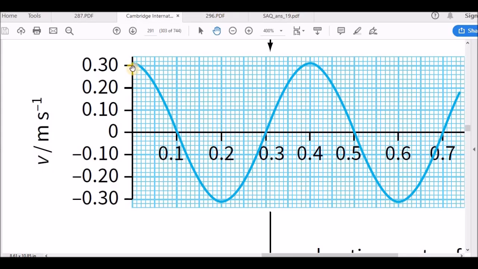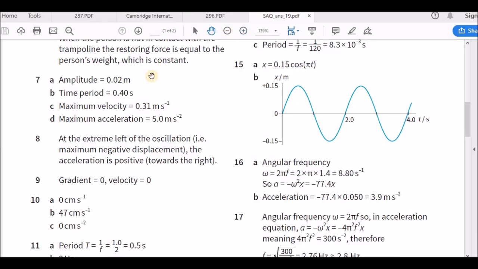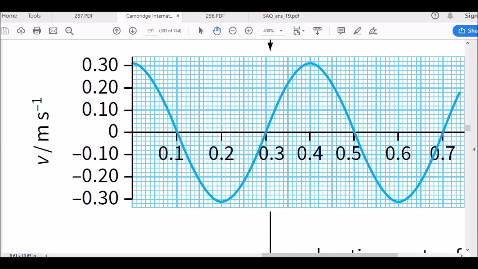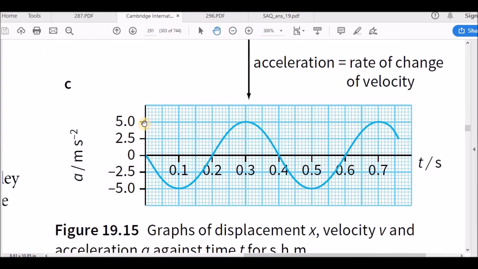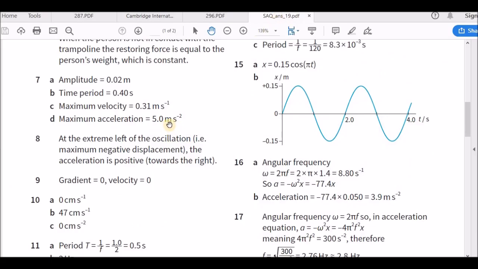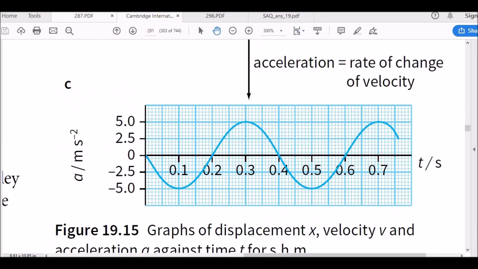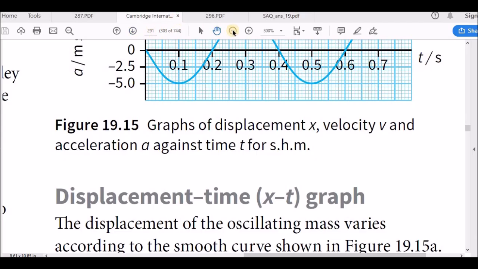Yes, so this is 0.32? Yes, 0.31. Then maximum acceleration, you can see here 5 meters per second squared. Okay, let's go back to the questions.